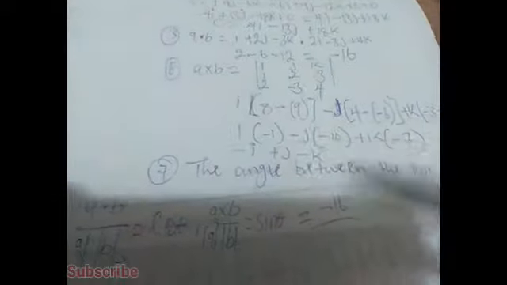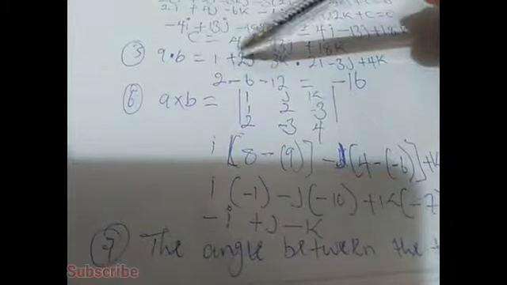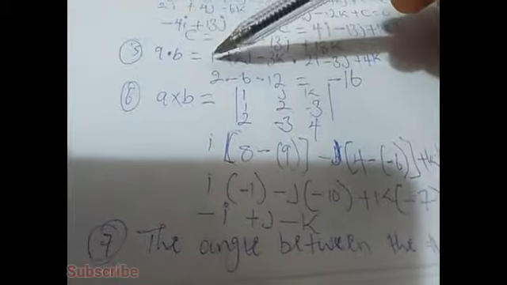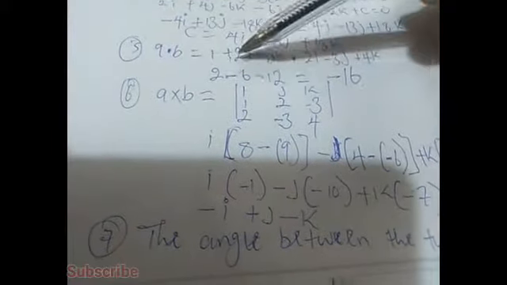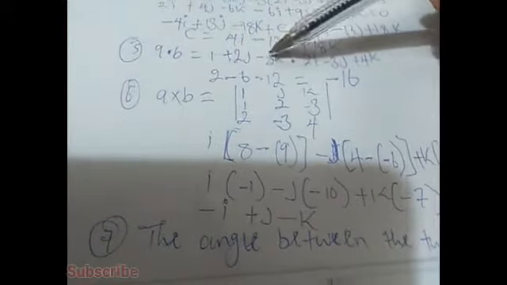So a dot b, which we've gotten to be minus 16, over the determinant of a and the determinant of b. You find the determinant of a by squaring and adding all the components and then taking the square root. So 1 squared is 1, 2 squared is 4, and minus 3 squared is 9.